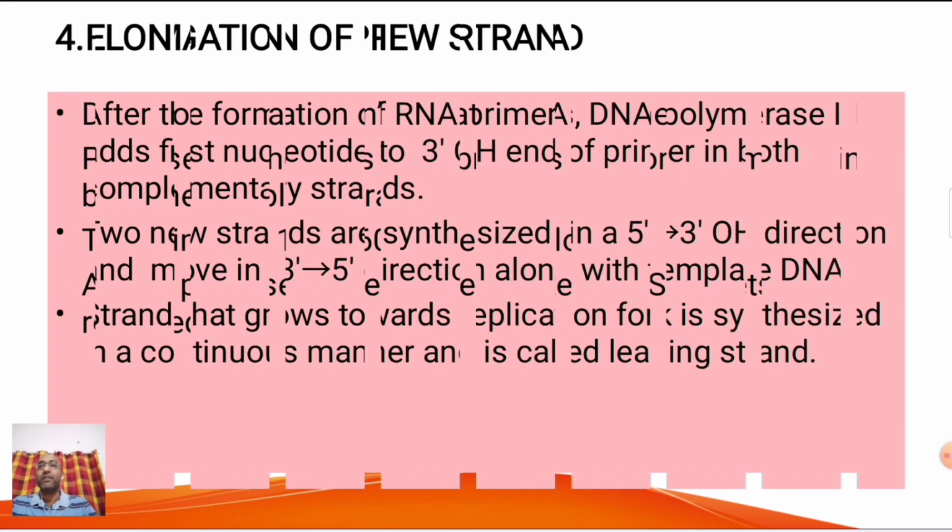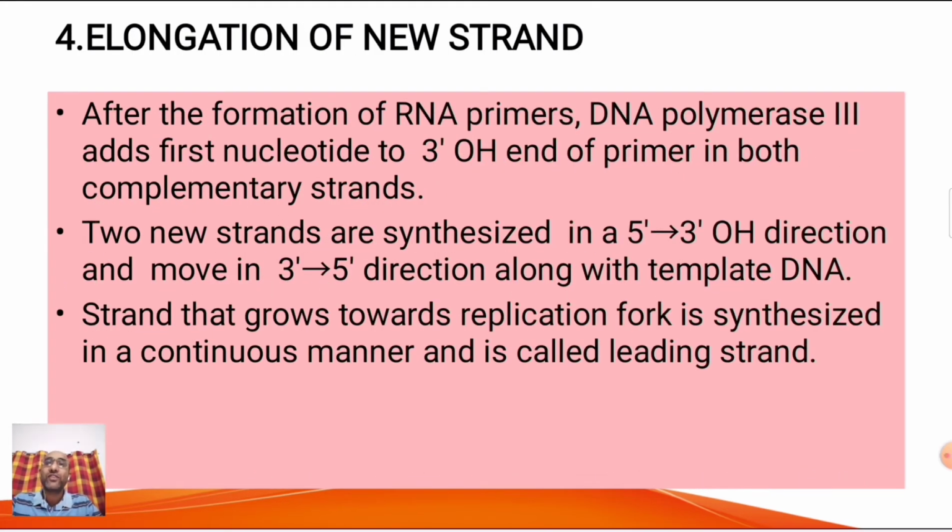The next step is the elongation of the new strand. After the formation of RNA primers, the DNA polymerase 3 adds the first nucleotide to the 3' OH end of the primer in both complementary strands. So after the RNA primers have been formed, now the DNA polymerase can act.